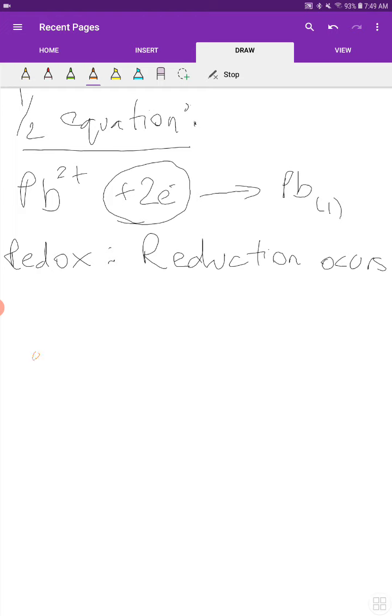So at the anode, Br minus ions are being discharged. In a situation where you have a molten electrolyte, there are only two ions, one cation, one anion.